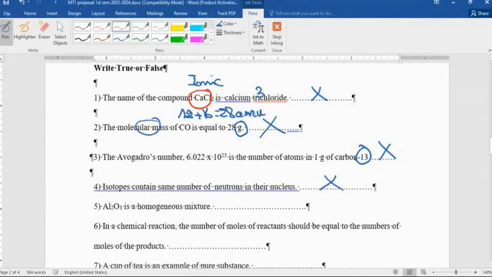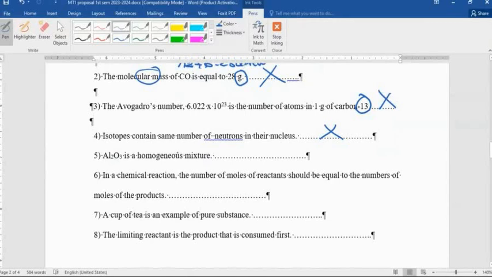So this one is false. How do we correct this one? Isotopes contain the same number of protons, not neutrons, and this is by definition. Isotopes have different mass numbers, meaning different numbers of neutrons. Be careful with this one.